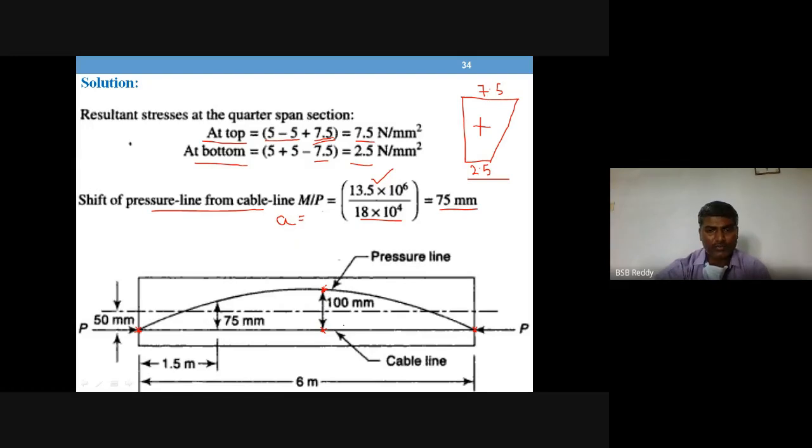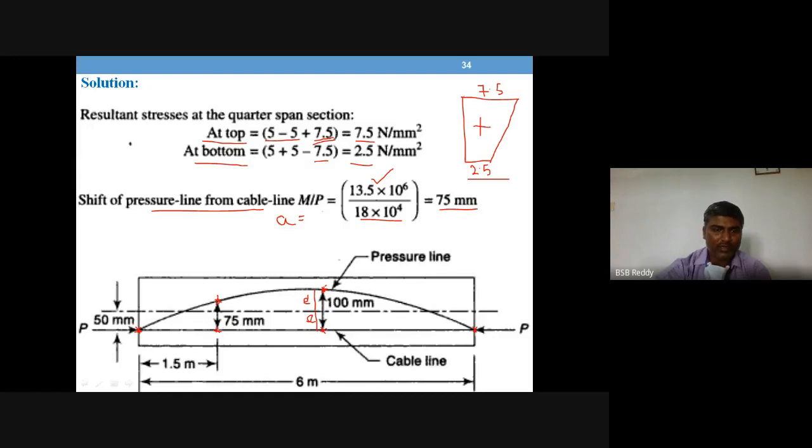So already there is 50 mm eccentricity available. So the remaining is E dash, that is 50. So E is 50, E dash is 50. Got it? At quarter span you see the total a is 75, lever arm is 75.